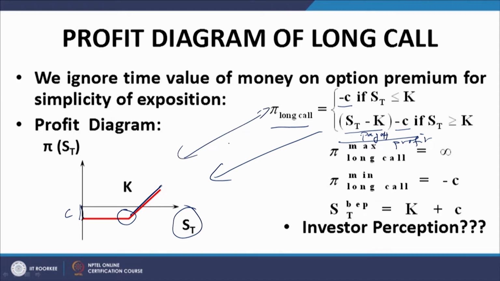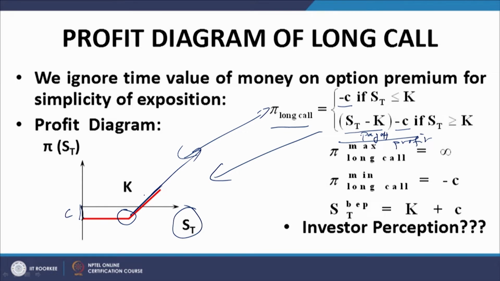If S_T is less than K, the option is not exercised, and if S_T is greater than K, the profit is equal to S_T minus K minus C. And clearly, this line is unbounded. It means that the profit on a long call position is unbounded. The higher the value of your underlying asset's price, the higher the profit arising out of holding a long call position.